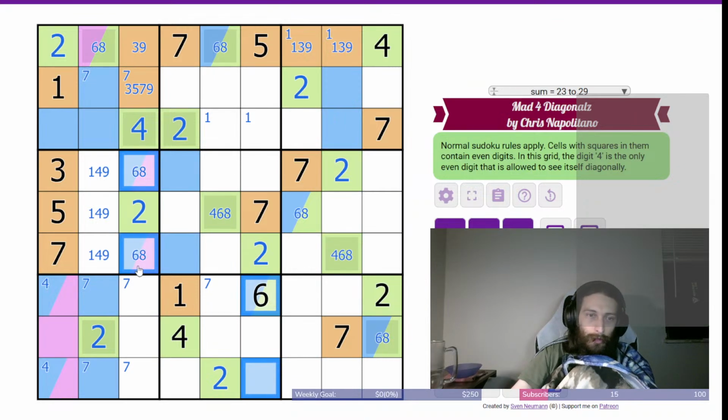If we look at blue in boxes 4 and 8, they're lined up. So one of these two is blue, which rules it out of there.